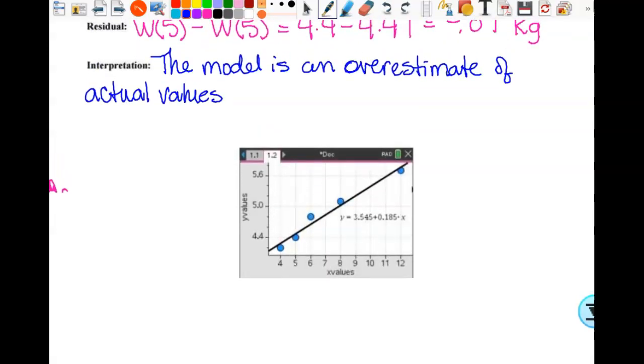Is it always an overestimate? No. From what we did and showed in our work, the model is an overestimate of actual values at t equals 5 weeks. So you have to be careful with general statements.